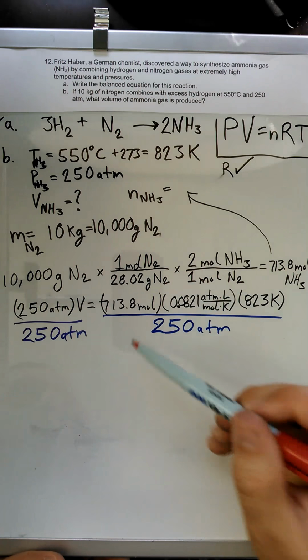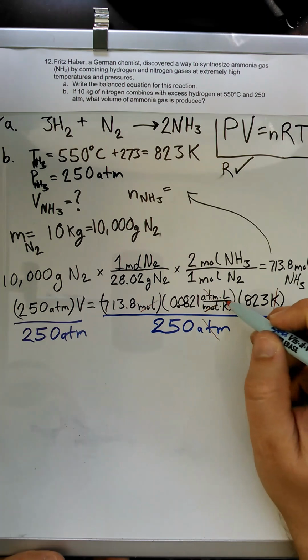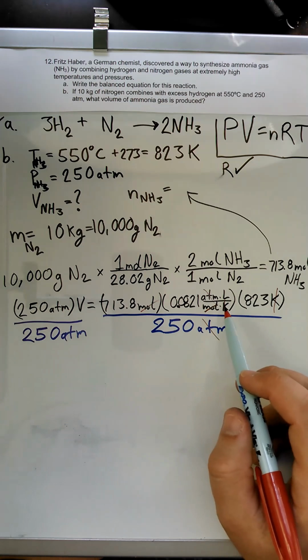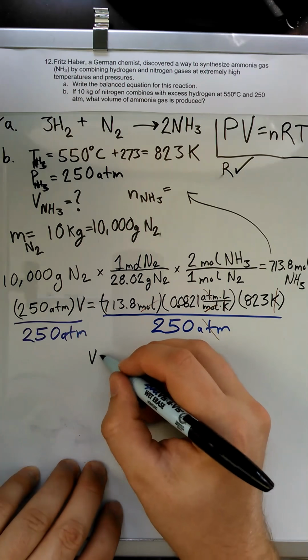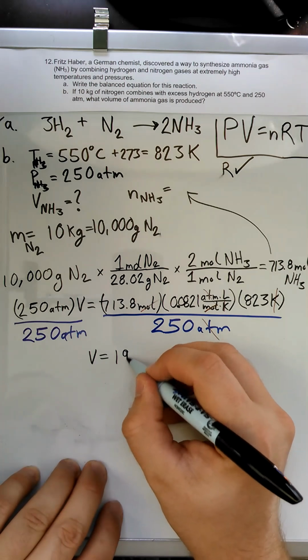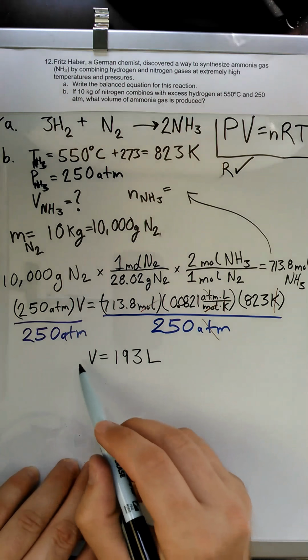All right, notice moles per mole cancels, atmospheres over atmospheres cancels, and finally Kelvin per Kelvin cancels to give us our volume in simply liters. All right, when we finish multiplying this all out, we'll get 192.9 liters, which we'll just round up to 193 liters considering significant figures.